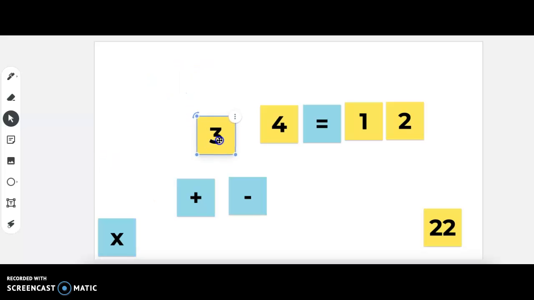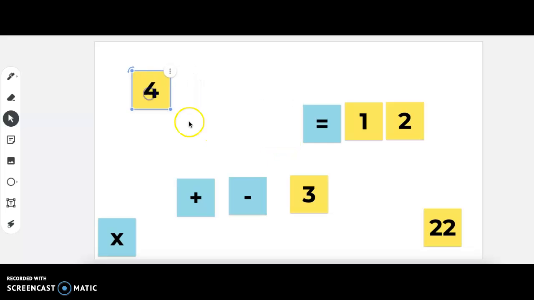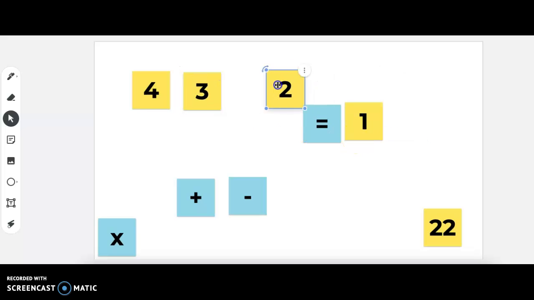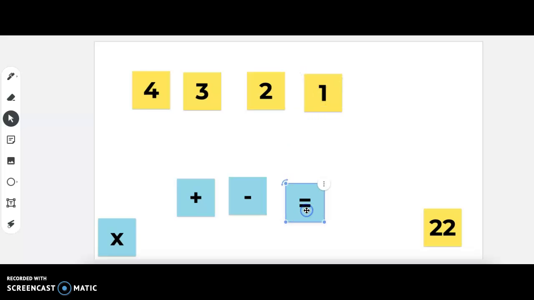You're going to have digits in a row. And the thing is, they're not like my post-it notes. They're not like the ones that you can move. Okay. So for example, you're going to have 4, 3, 2, and 1, just like I started off with at the top of my paper.